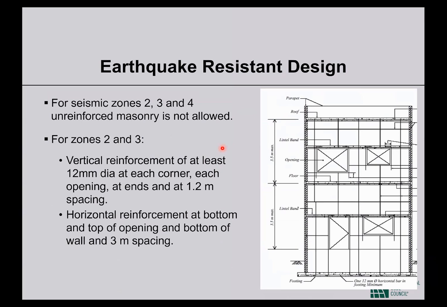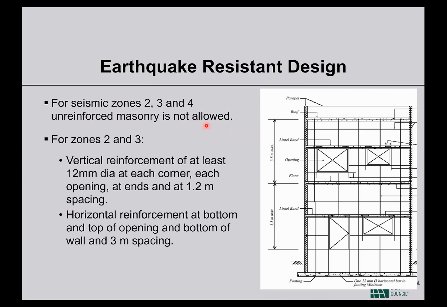Now earthquake resistant design, okay, this is important. Two types of masonry structures are mentioned in the code. One is unreinforced masonry or URM, another is reinforced masonry or RM. Unreinforced masonry is not allowed. Oh, it's written here: for seismic zones 2, 3, and 4, unreinforced masonry is not allowed.